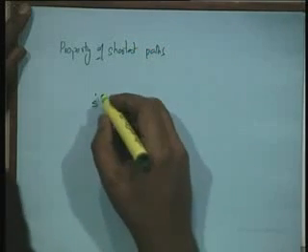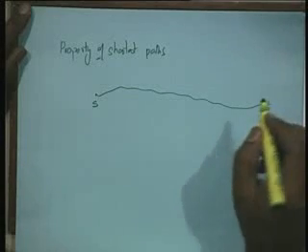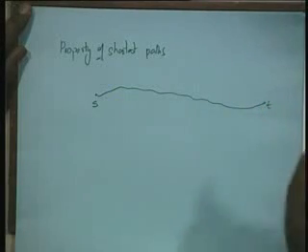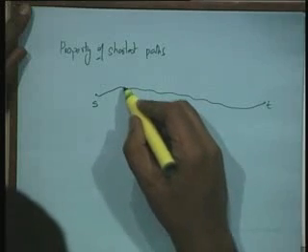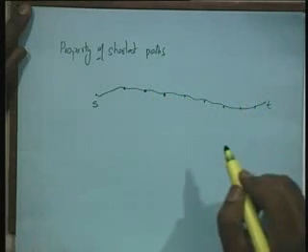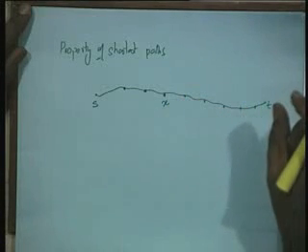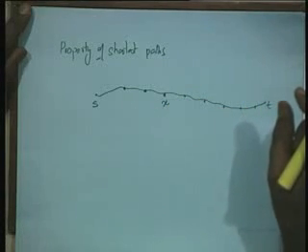Right, so what he's saying is, suppose this is the shortest path from S to T. This is some path in the graph, right? There are some intermediate vertices I have not drawn. Let's say X is one of these vertices, right?